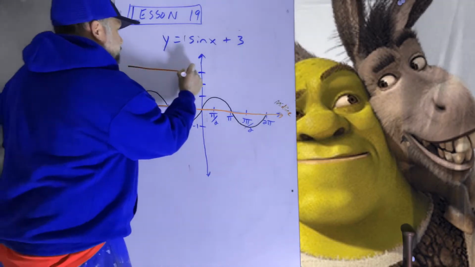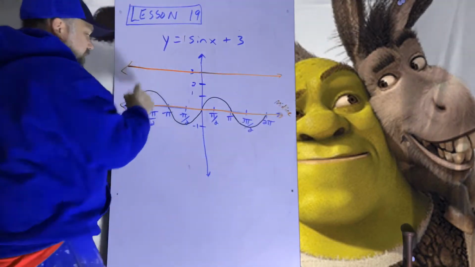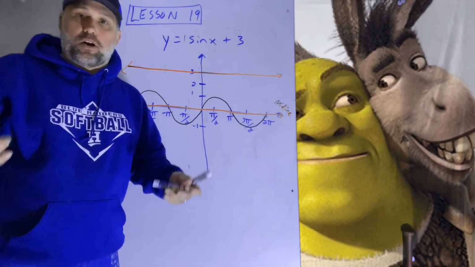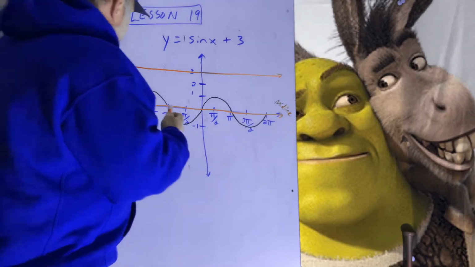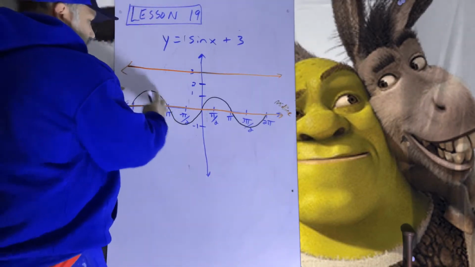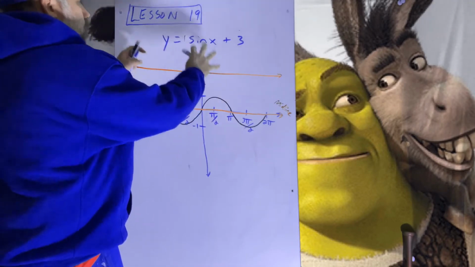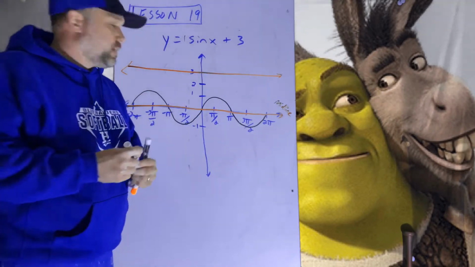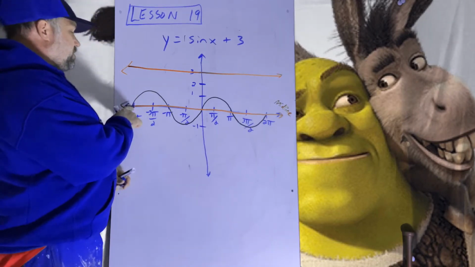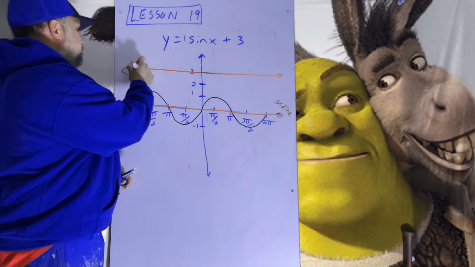So basically you can think of it as the x-axis slid up 3 units, and now I'm going to graph sine off of that. What that is going to entail is taking every single point that's on the sine graph and sliding them all up 3 units. For example, if I take this point right here, which is on 0, and I slide it up 3 units, it's now going to sit here.